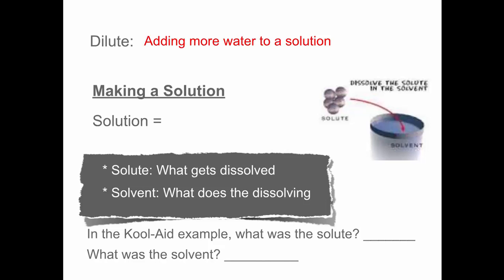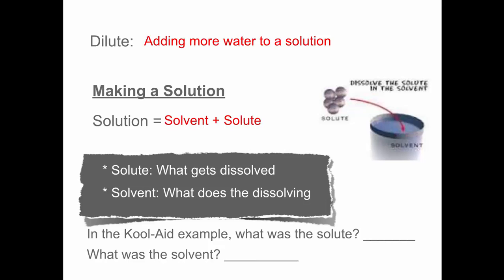When we make a solution, it has 2 parts, the solute and the solvent. The solute is the thing that seems to disappear, the thing that gets dissolved. And the solvent is what holds it, what contains it, what dissolves the solute.